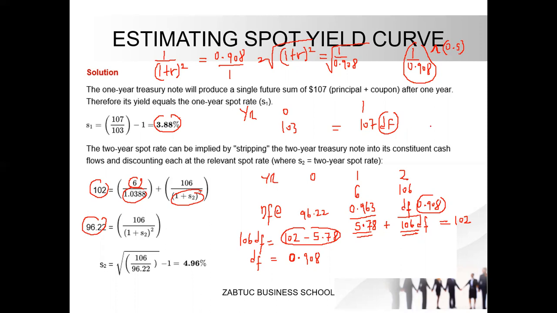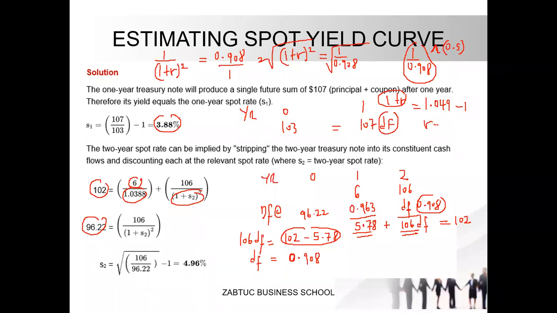I'm getting 1.049. That's what we're getting. So that is 1 plus r. 1 plus r equals 1.049. So you remove 1 from here.